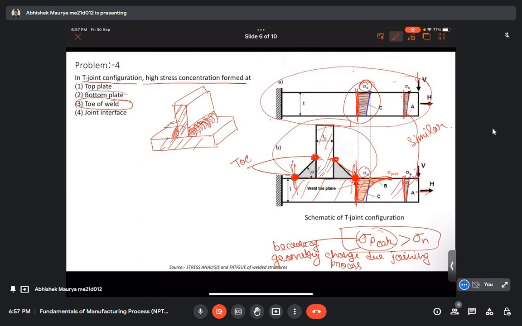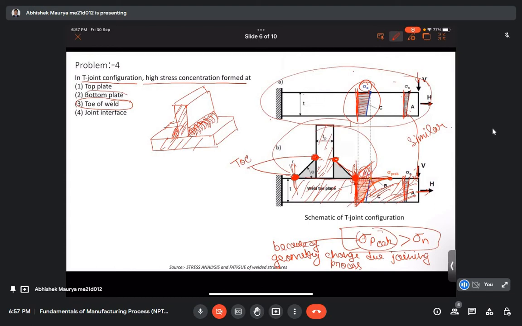Similarly, the bottom plate will fail near the toe. It's not like it will fail anywhere in between. So near the toe it has the highest chance of failure, and that happens because of stress concentration, which is due to the abrupt change in cross-sectional area near the toe.